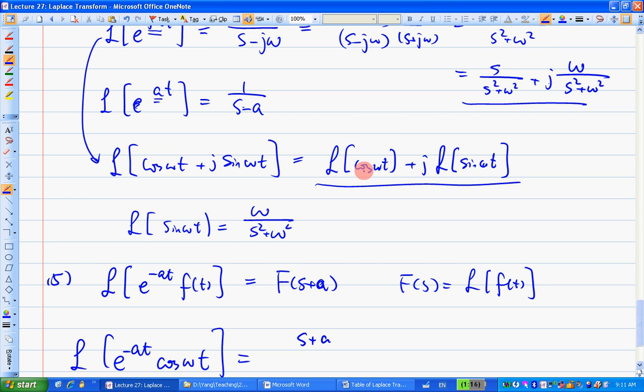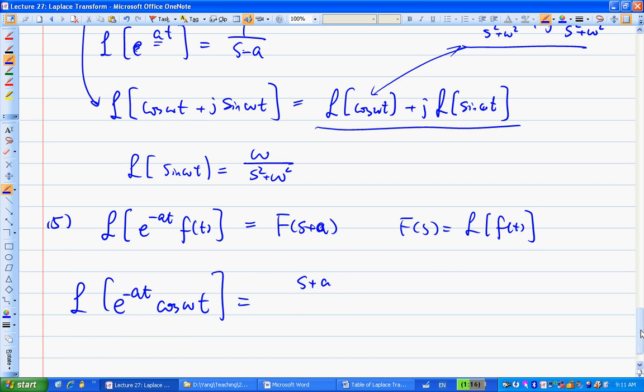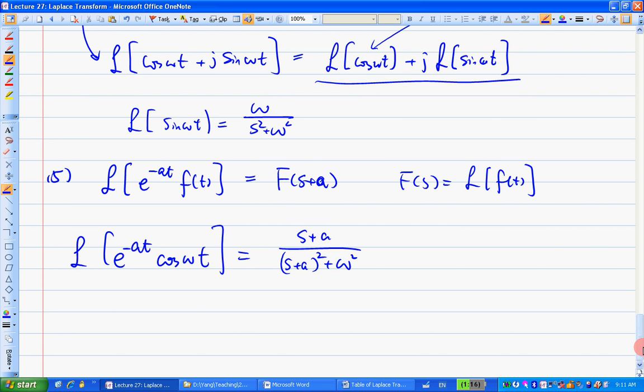See, this is the Laplace of cosine omega t, so change s to s plus a. The omega, you don't change. You can see similar results in the table there. Some of the homework exercises are basically trying to make use of properties. I'll give you a few more properties to do this Laplace transform.